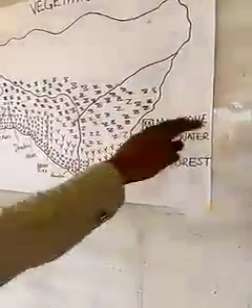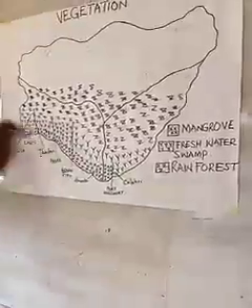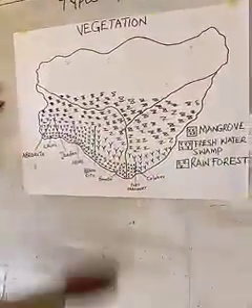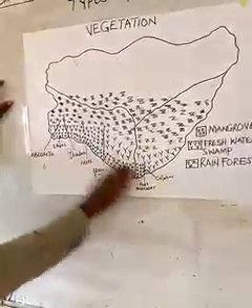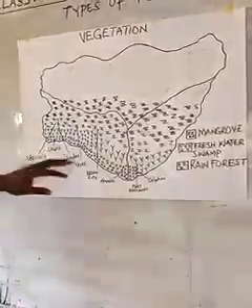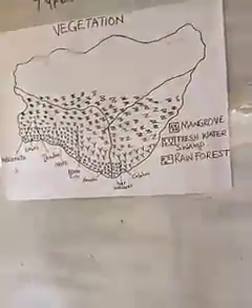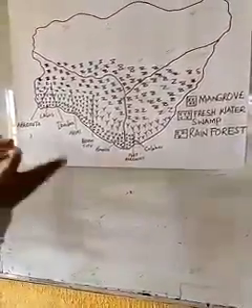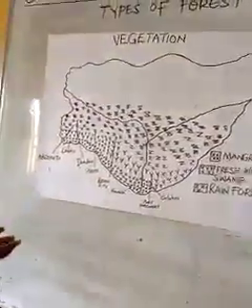In mangrove forest, there are some animals that live here, like birds, and some crustaceans like crab and prawn. Monkeys also live here. Having known this, let's look at where this kind of forest can be found in Nigeria.